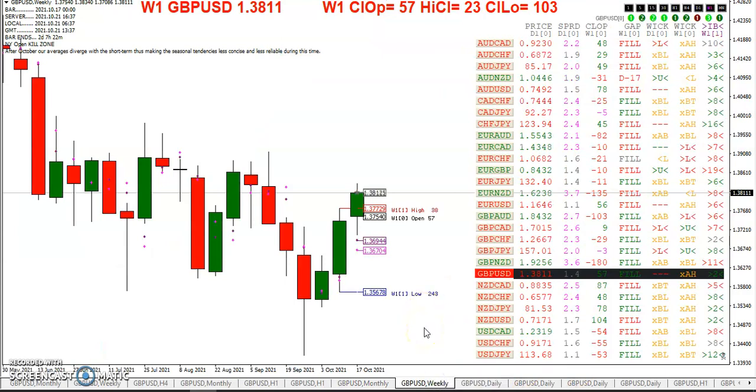The thing about this phenomenon is it doesn't matter which time frame you're trading. You can see here we still have one pair that hasn't filled for the week. This week, price broke through the high and made a new high, but it's retraced off that high by 23 pips at the moment.